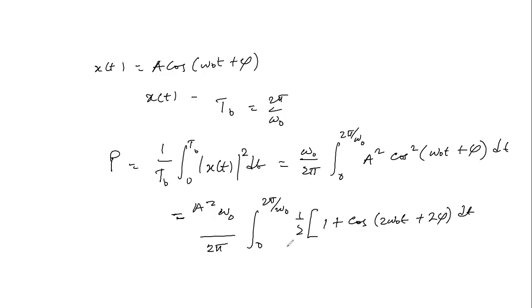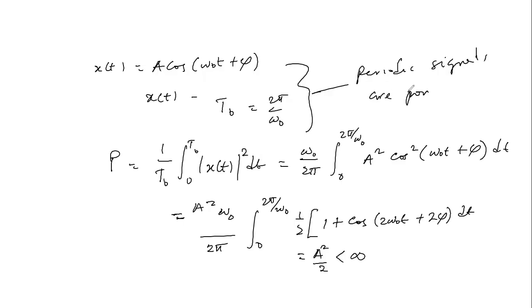Then by integration and substituting the limits of integration, we have a squared over 2, which is less than infinity. And this justifies our original claim that periodic signals are power signals.